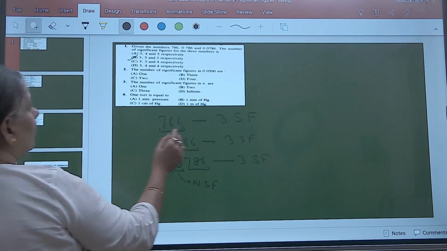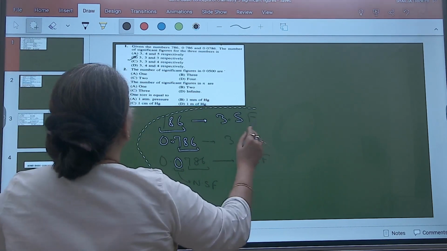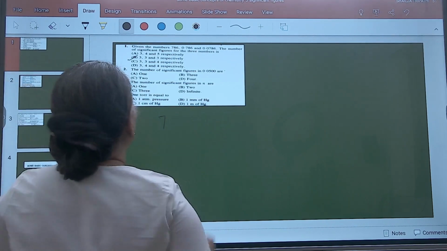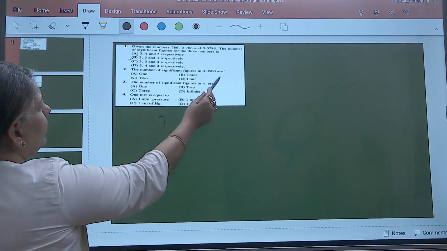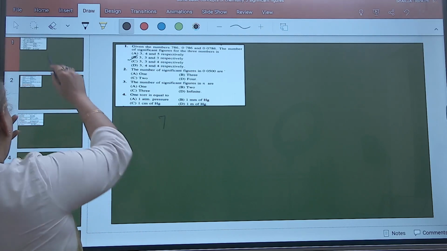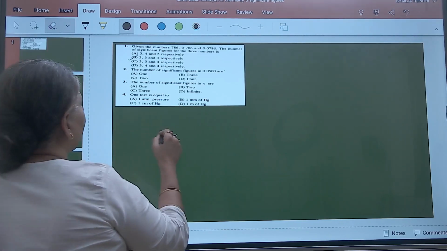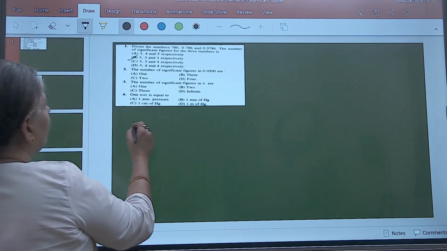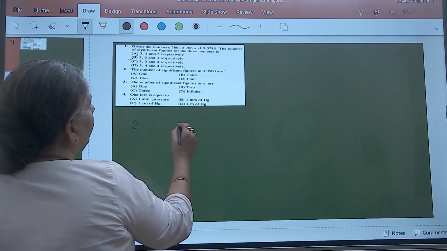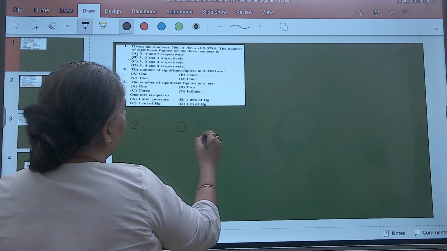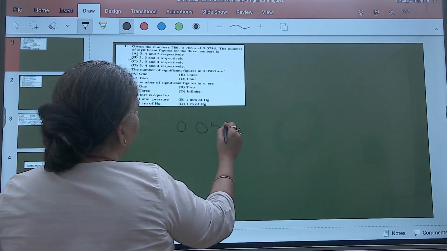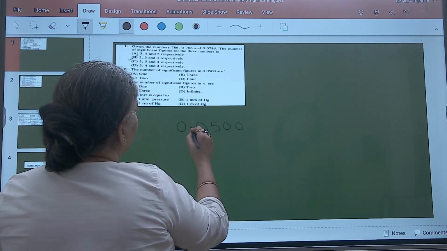Now let's see another question. It says the number of significant figures are... For question number 2, we have a number 0.0500.